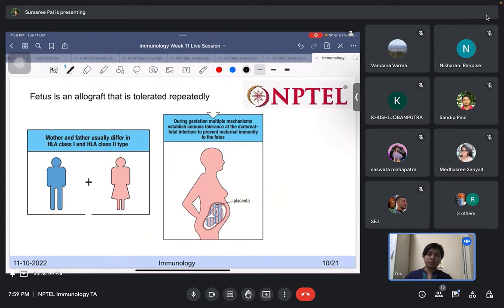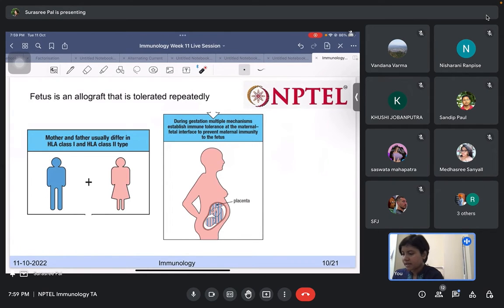Now the last topic that I'm going to discuss today is fetal tolerance. The tolerance of the fetus, so that there is no immune response generated against the fetus. As Vandana was mentioning some time ago, the fetus also contains the MHC haplotypes from the mother as well as from the father.